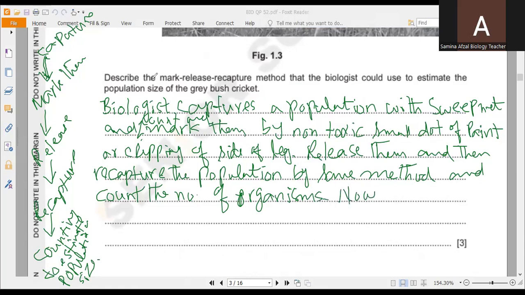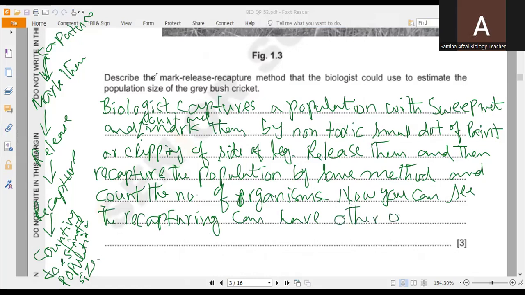Now you can see the recapturing can have other organisms which were not marked.